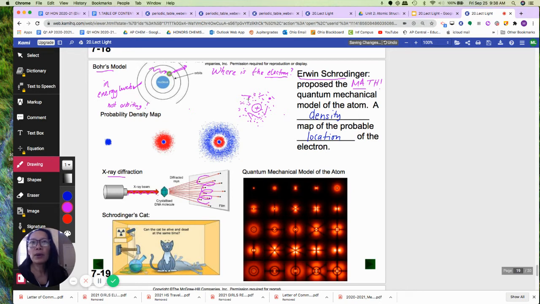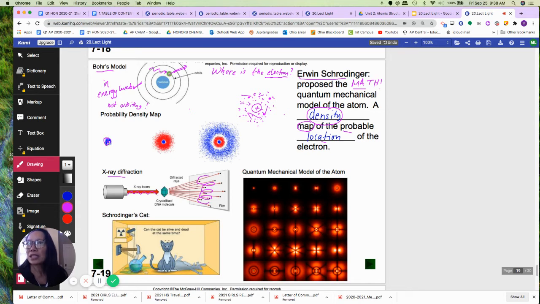Remember, each dot is the same electron. Sometimes the electron is here mathematically, sometimes the electron is here, so just one electron. So finally, he came up with a density map, which is the probable location of the electron. So here they are, those are all dots. And he said, oh, that one electron might be there.